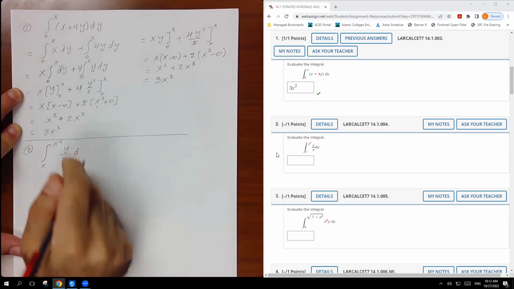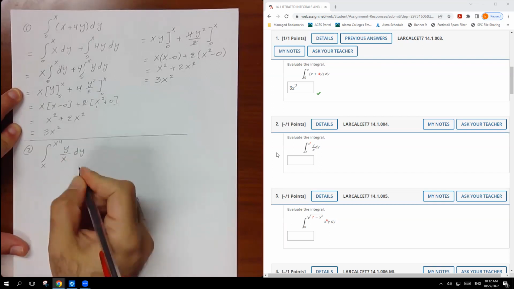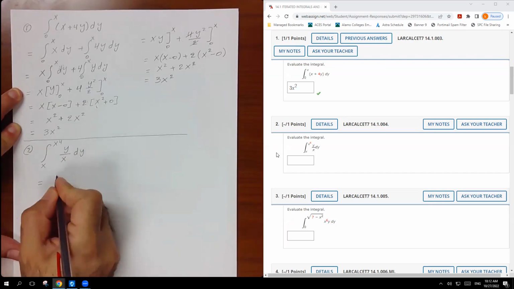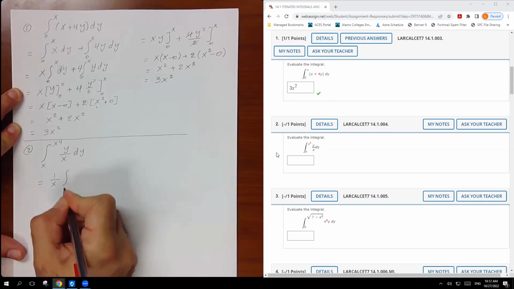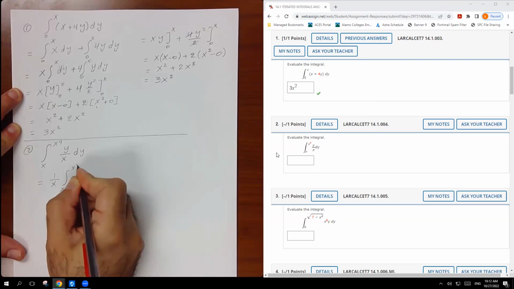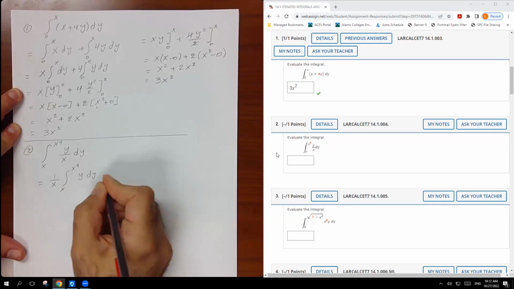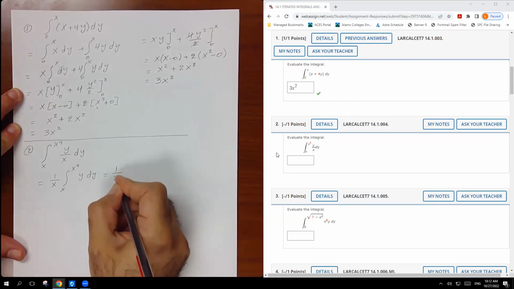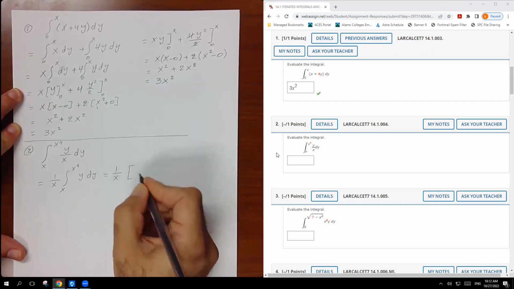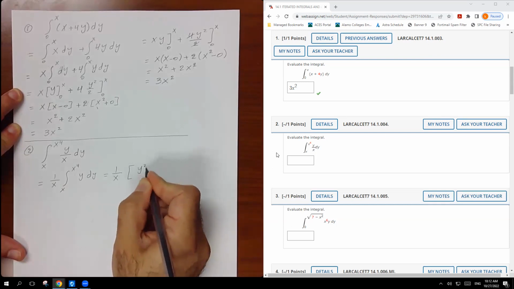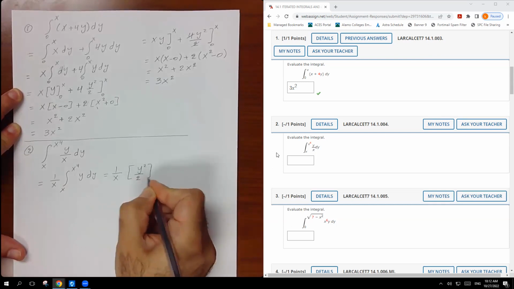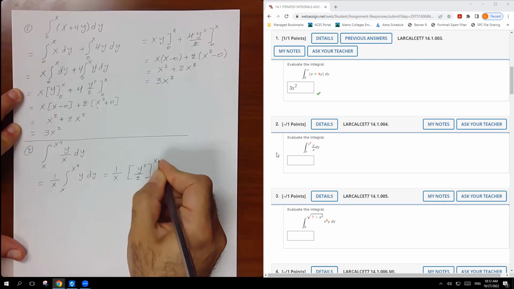So to do the integral to the y, 1 over x is a constant. That means the integral from x to x to the power 4 of y dy is equal to 1 over x times y squared over 2 from x to x to the power 4.